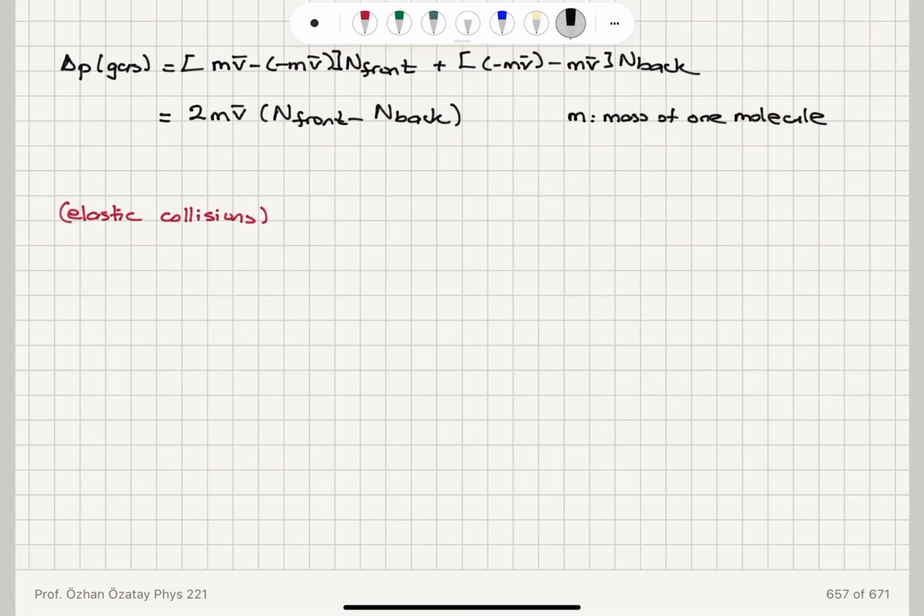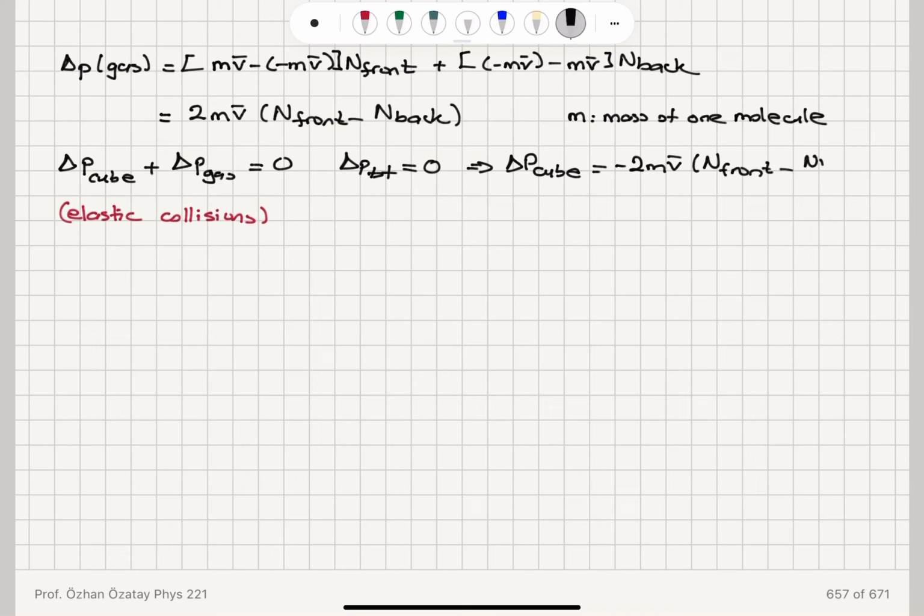Now, because we have elastic collisions and there are no external forces acting on the system, the change in linear momentum of the cube plus the change in linear momentum of the gas, the change in linear momentum of the total system, should be equal to 0, by conservation of linear momentum. So the delta P of the cube will be minus the delta P of the gas, which is minus 2 m v bar times the number hitting from the front minus the number hitting from the back side.